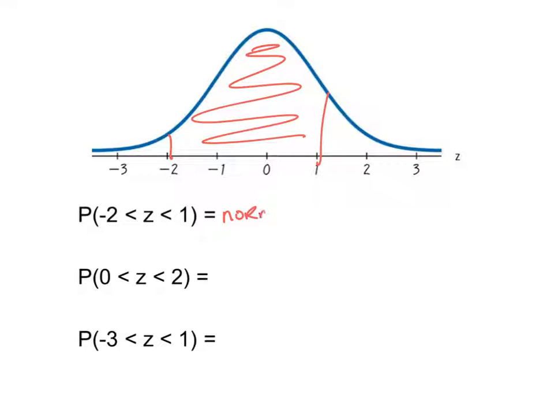I would hit my 2nd VARS, go down to my normal CDF, and all I need to type in is -2, 1. And then since this is a probability, I round it off to 3 decimal places, just like I do any other probability, and I get 0.819.